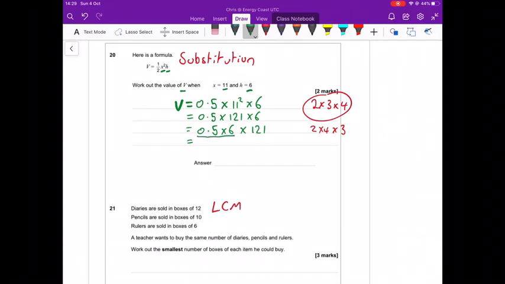I know the first 2 bits come together to give me 3, so it's 3 times 121. So 121, I've got 3 of them. 3, 6, 3. There we go.